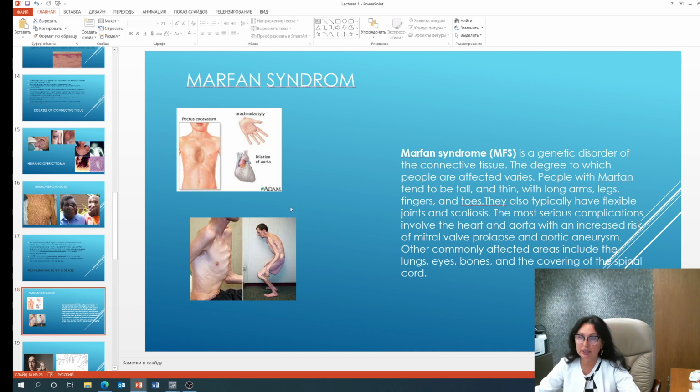They also typically have flexible joints and scoliosis. The most serious complication involves the heart and aorta, with an increased risk of mitral valve prolapse and aortic aneurysm. Other commonly affected areas include the lungs, eyes, bones, and the covering of the spinal cord.